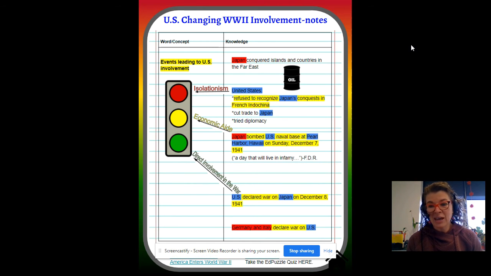And when they do that, Poland's allies of Great Britain and France declare war back on Germany, and World War II starts. And so Germany will invade France, taking control of Paris, and then they move across the English Channel and start attacking Great Britain by air.